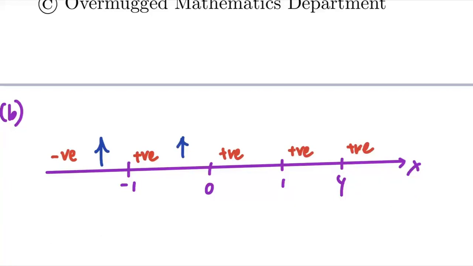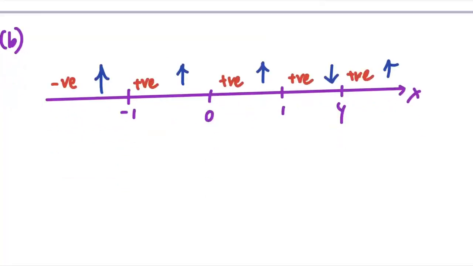From 0.5 to 1, the values are going down, so in your 1 over f(x), it should point up. From 1 to 4, the values are pointing up, so it should point down. And from 4 to infinity, it's pointing down, so it should point up. It's just the reverse.